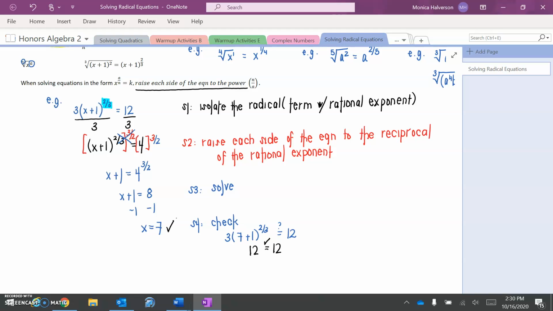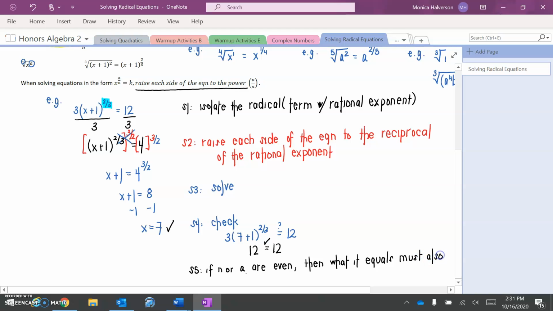If n or a is even, which means that if either our exponent on the radicand or our index number are even, then what it equals must also be negative.